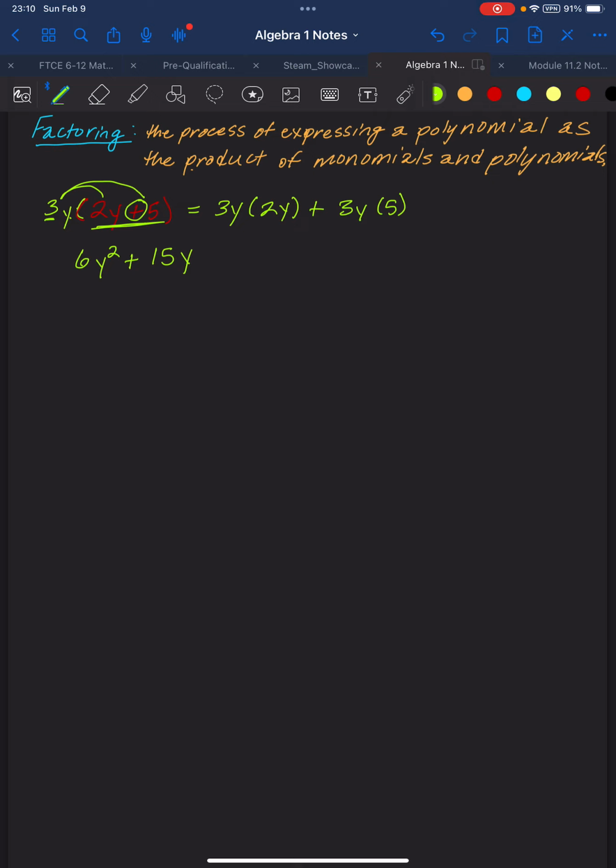That's as far as we can go. Because remember, we can only combine like terms when the variable is the same and the exponent is the same. Well, in this case, the variable is y. Yes, they're both the same, but this y is raised to the second power. This y is just raised to the first power. So because the exponents are not the same, we can't combine like terms. So we have to leave it like that.